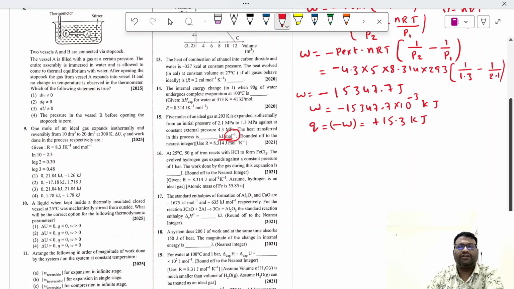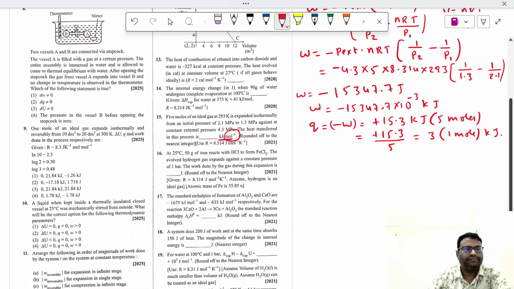But this is for 5 moles, and the question asked is for per mole. That means you have to divide the plus 15.3 by 5. So 3 approximately per 1 mole. This is 3 kilojoules. So the answer will be 3.